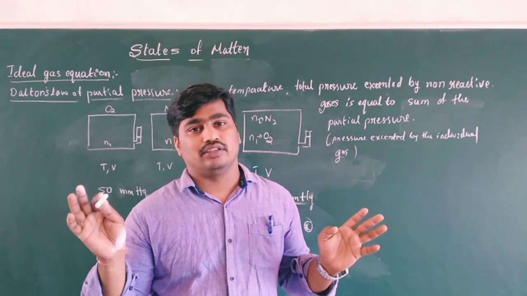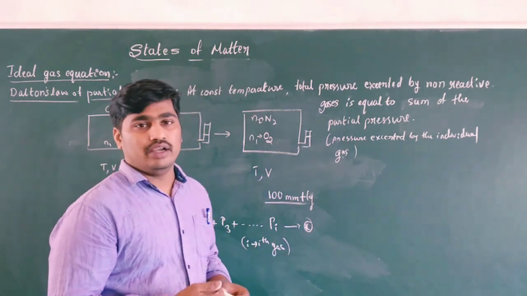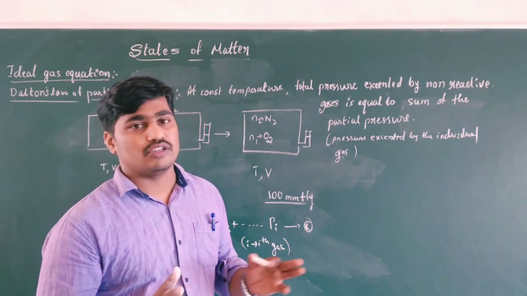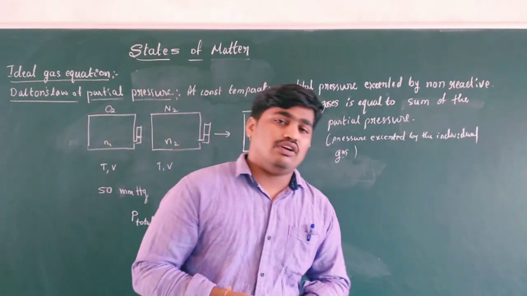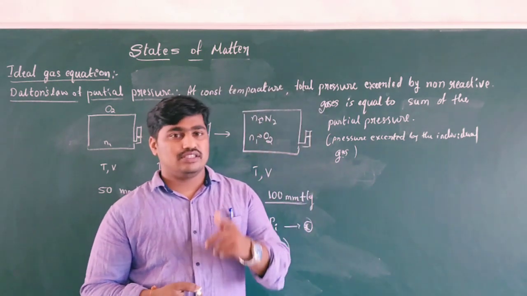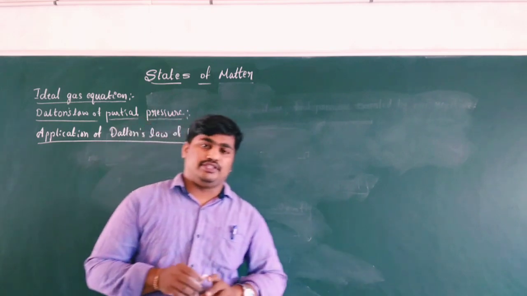So that thing was explained by Dalton. It is known as Dalton's law of partial pressure. There are a lot of applications. Okay, let us discuss the applications of Dalton's law. There are two applications mainly.